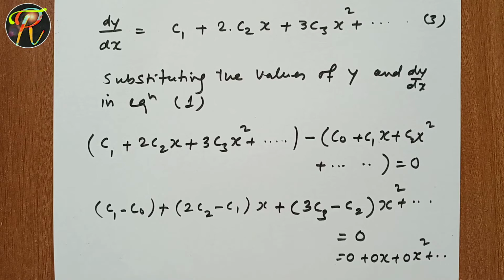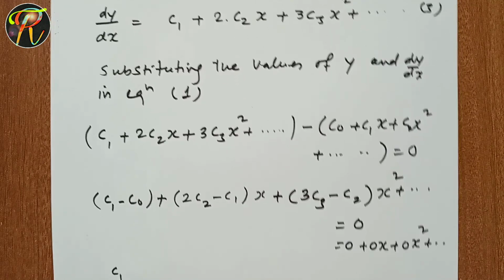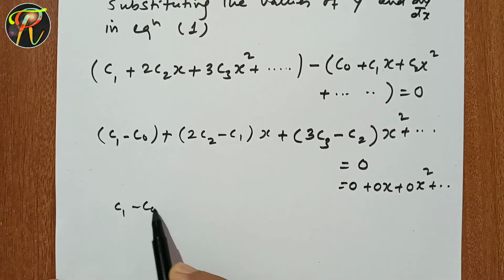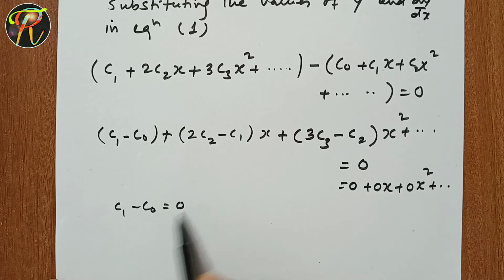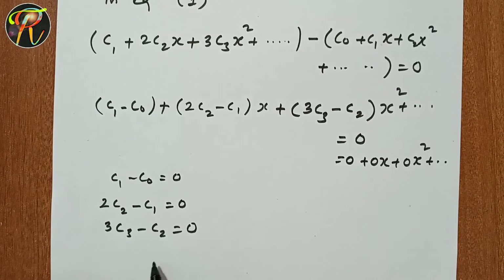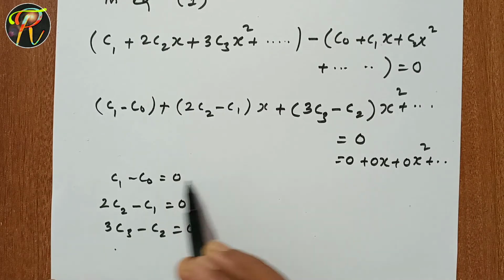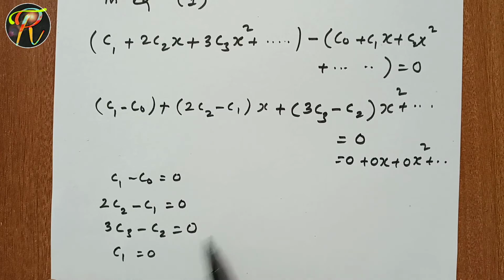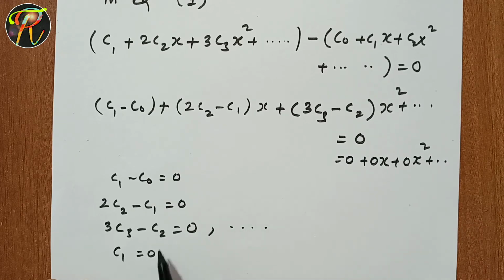So now equating the coefficients of each power of x to 0, we get c1 minus c0 equal to 0, 2c2 minus c1 equal to 0, 3c3 minus c2 equal to 0. Here we see very carefully that from the first, c1 is equal to c0.